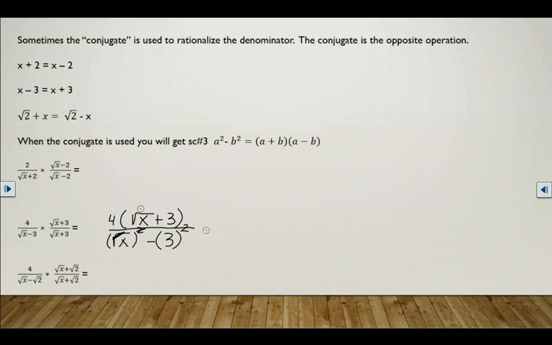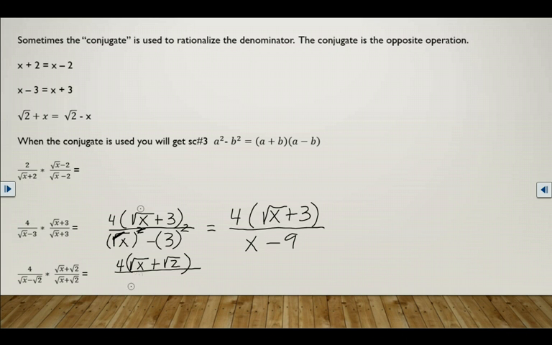And that's going to be 4 square root of x plus 3 over x minus 9. And this one's going to be 4 square root of x plus the square root of 2 over x minus 4. Yeah, I mean, you could put 4 square root of x plus 4 square root of 2 over x minus 4.